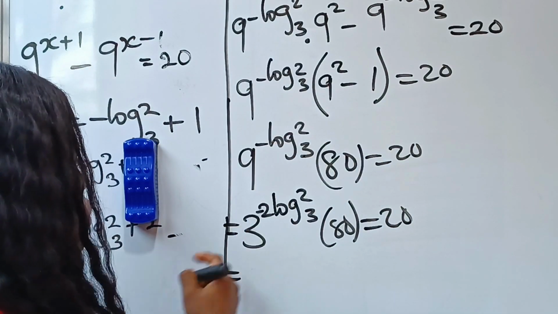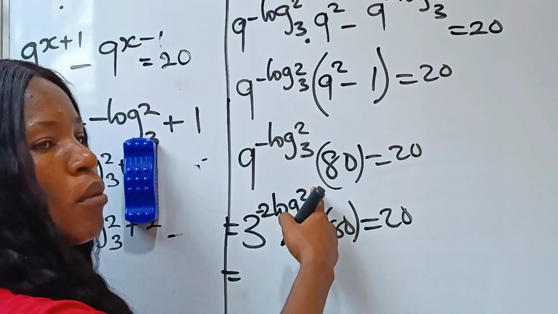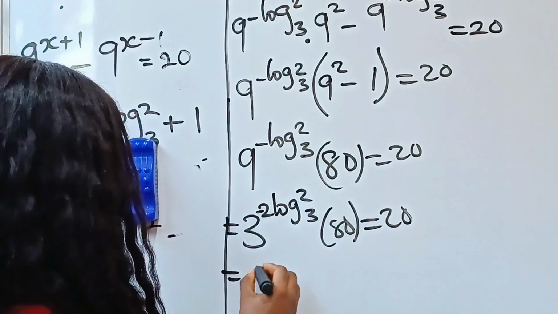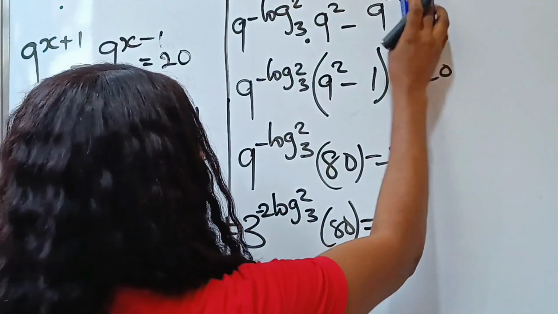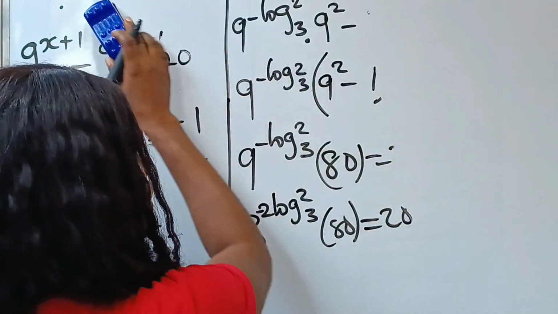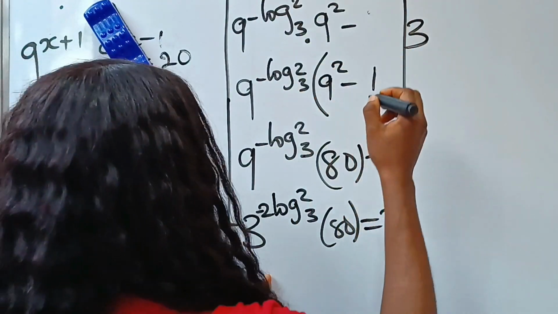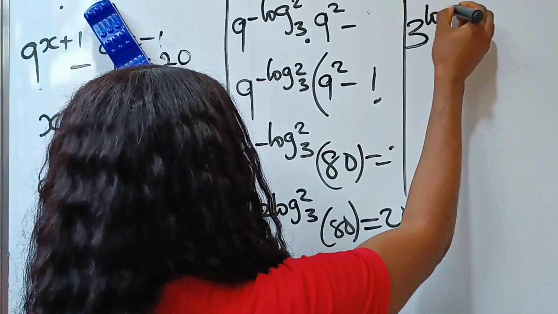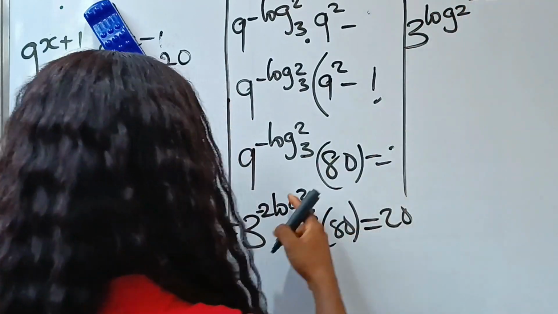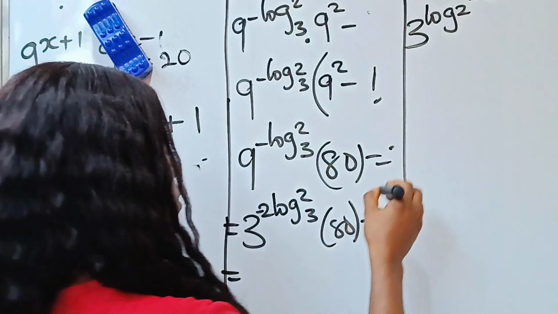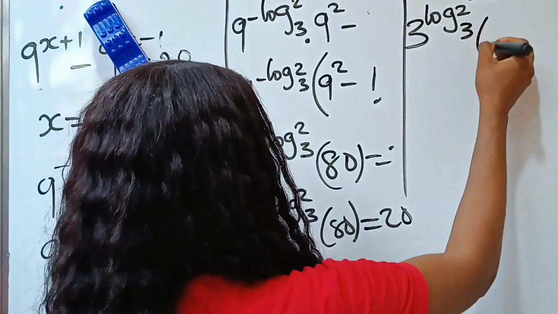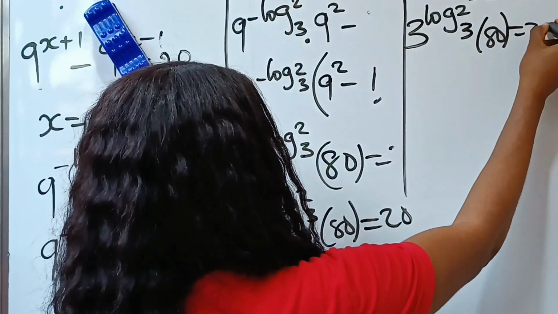Now this minus 2 will cross to become power, right? So we are going to have 3 raised to the power of log 2 to the power of minus 2. This minus 2 comes to become power, right? Base 3 times 80 is equal to 20.